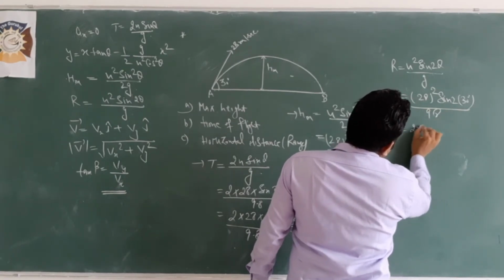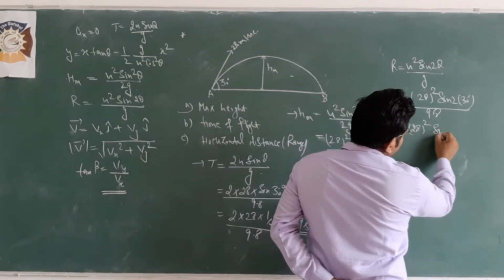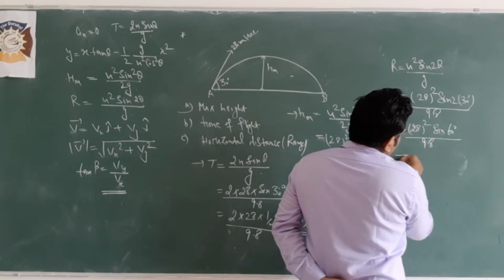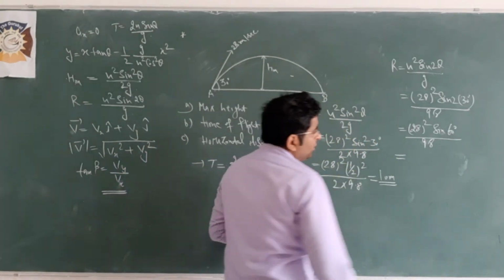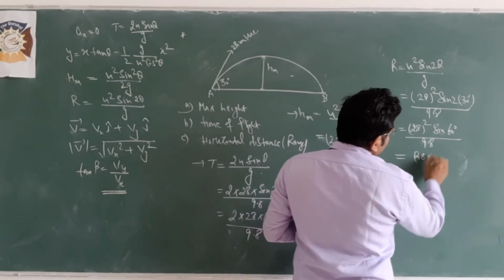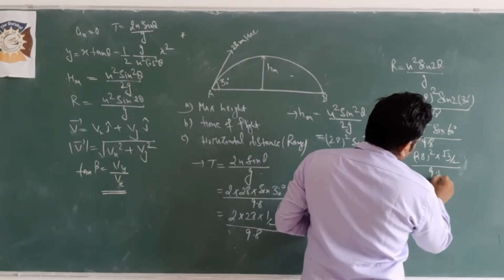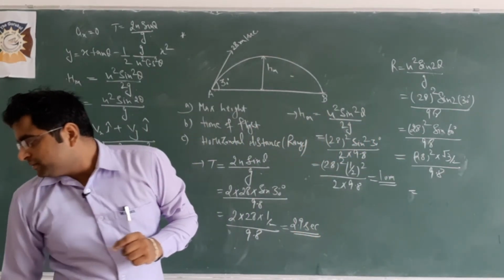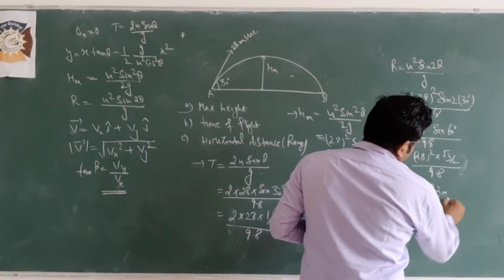So 28 square sin 2 into 30, sin 60, upon 9.8, and the value of sin 60 is root 3 by 2. So 28 square into root 3 by 2 divided by 9.8, and the answer will come 69.3 meter.